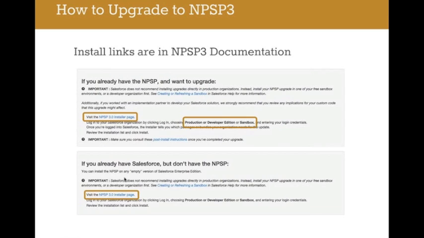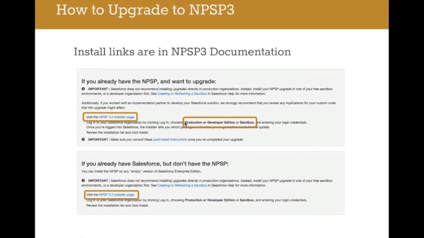One of the differences between how you may have installed things in the past and how you do it now is that you don't go to the App Exchange. This will change in the future, but at the moment, because this is all pretty new, you need to look for the documentation linked to the Power of Us Hub, and go to a separate installer page, which is not part of the App Exchange.